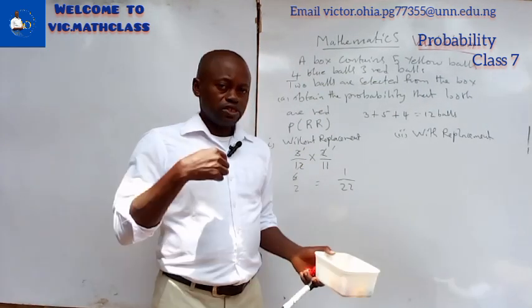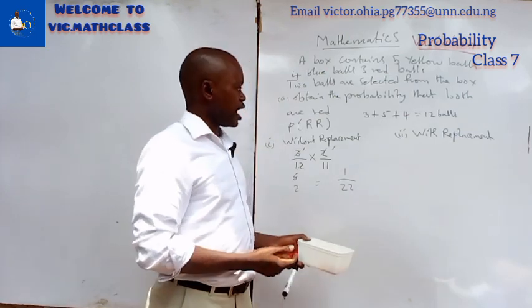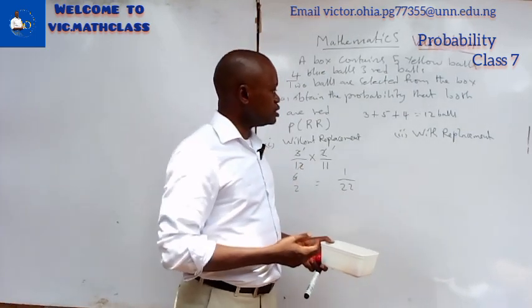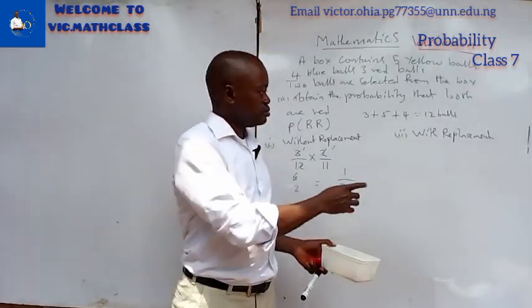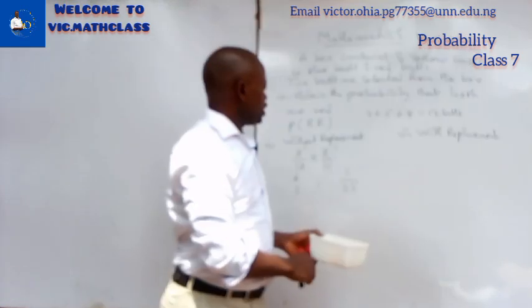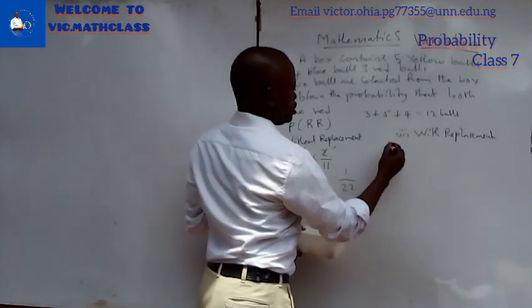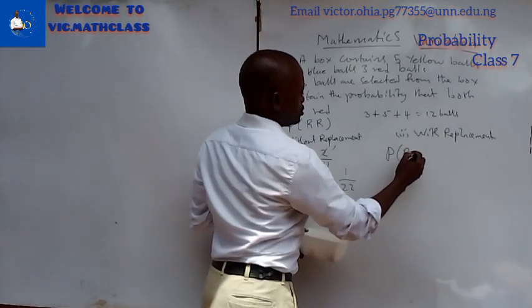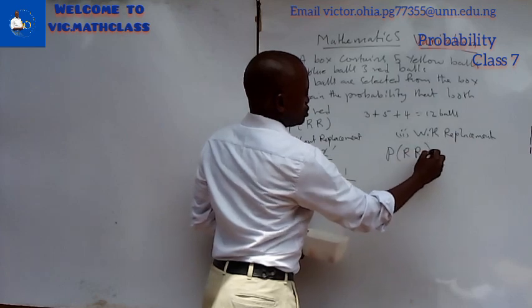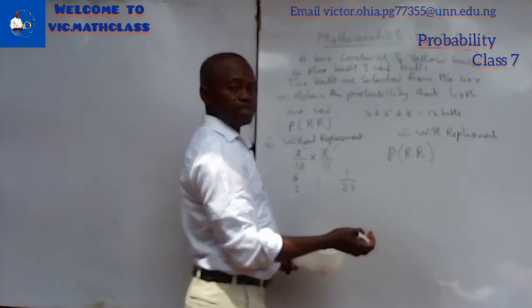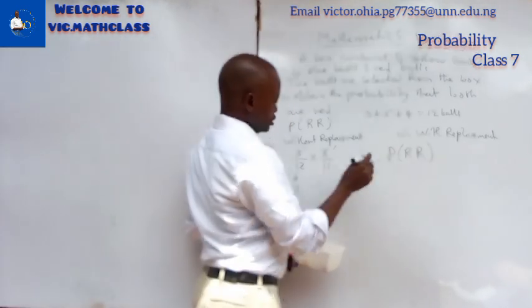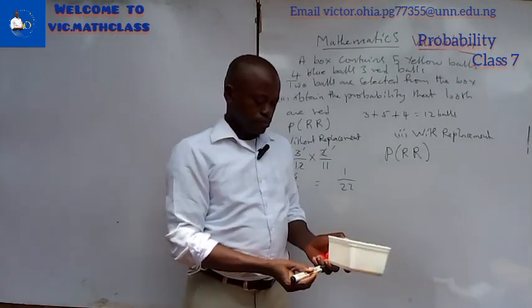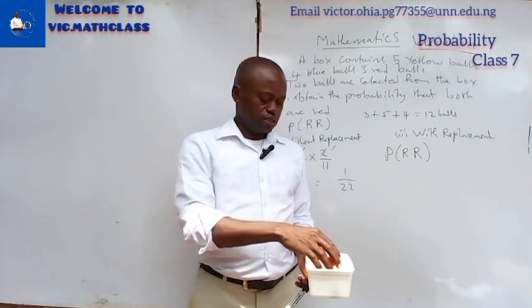Now, I am still demonstrating, and the demonstration is with replacement. So we are still talking about P of first red and second red, but in this case with replacement, you will see that the first selection I made, let me return it inside here.